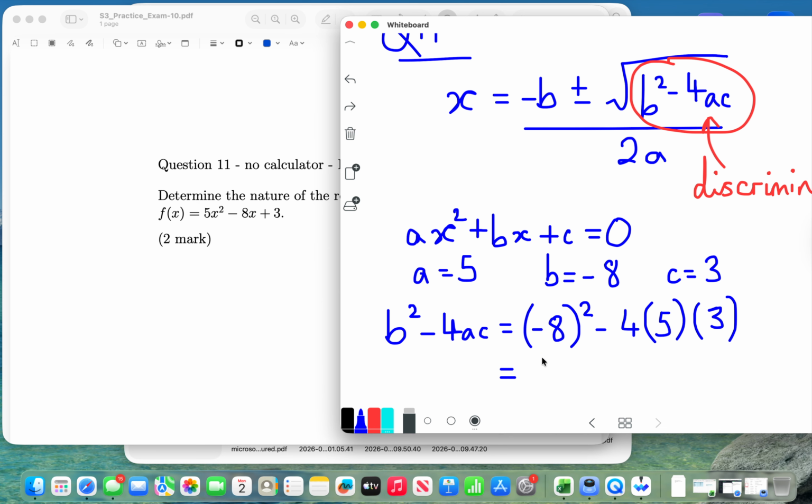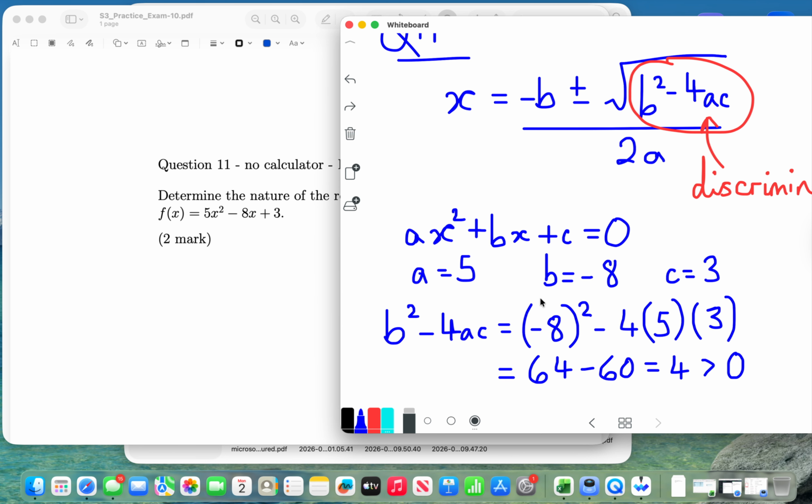So minus 8 all squared is 64, then 4 times 5 times 3 is 60, and that's 4, and it's greater than 0, so we get two solutions, and those two solutions are distinct.